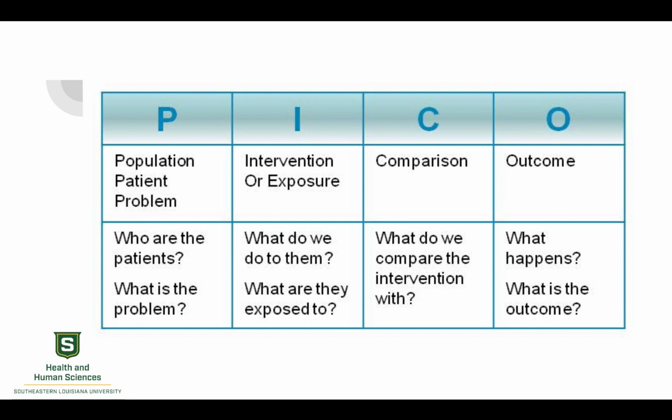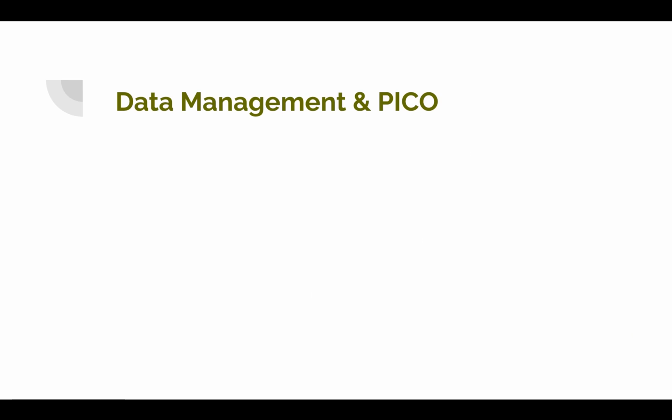For intervention: what do we do to them, and what are they exposed to? Comparison: what do we compare the intervention with? And outcome: what happens? What is the outcome? I'm going to discuss this in more detail, just in case these questions are not making it clear for you.